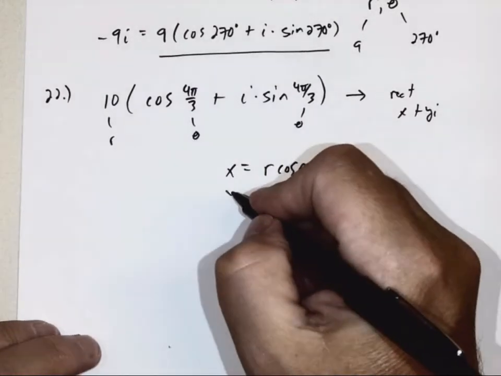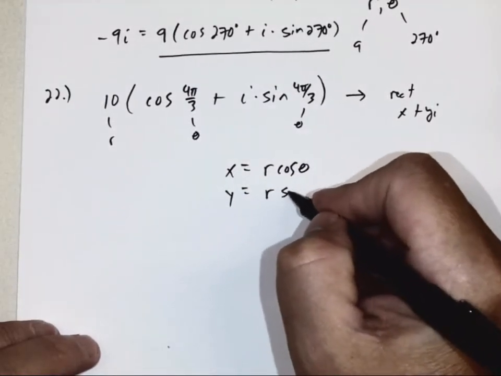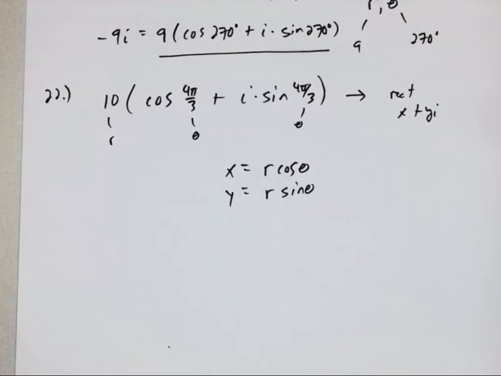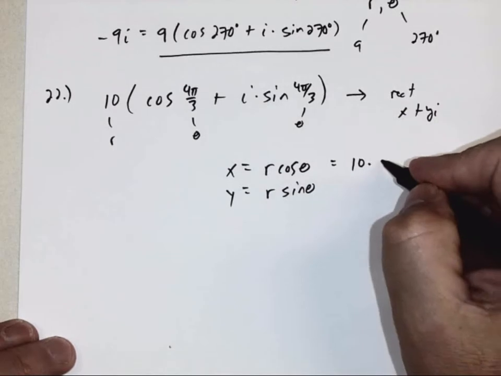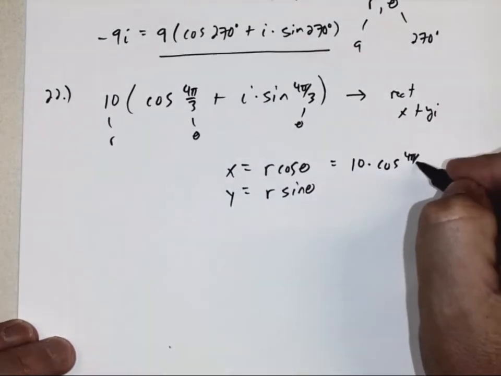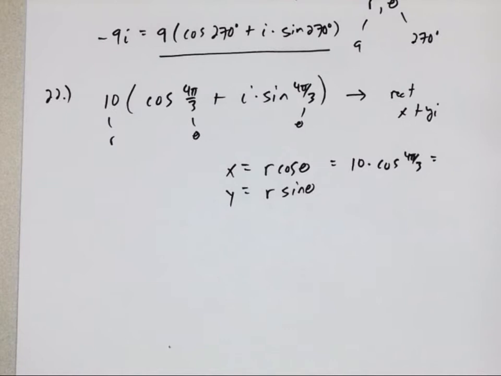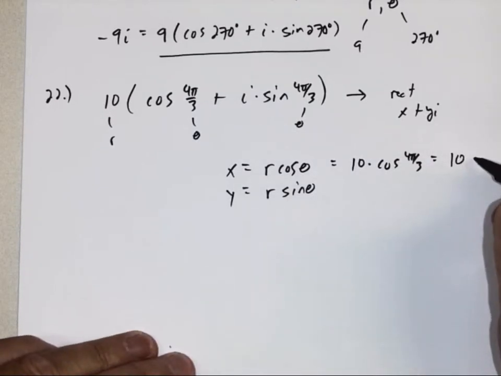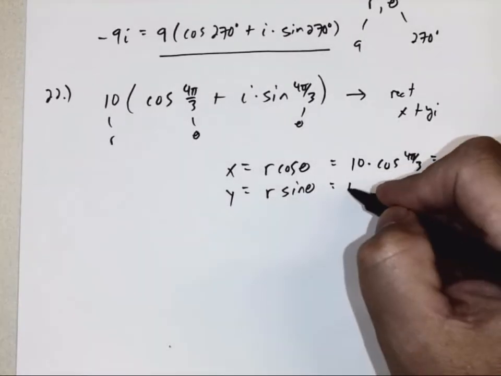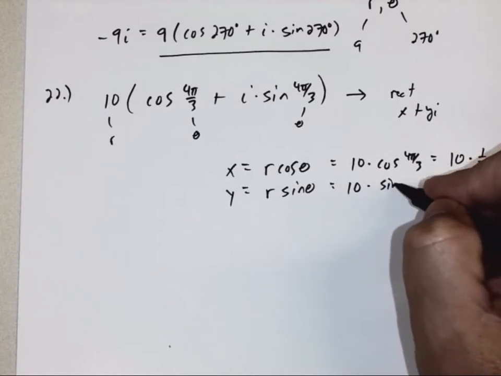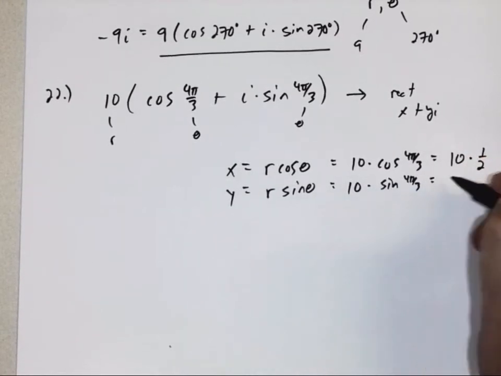We have these equations, x equals r cosine theta, y equals r sine theta. It's like 10 times cosine of 4 pi over 3. Unit circle, 4 pi over 3, cosine, I believe is 1/2. For the y, 10 times sine of 4 pi over 3.